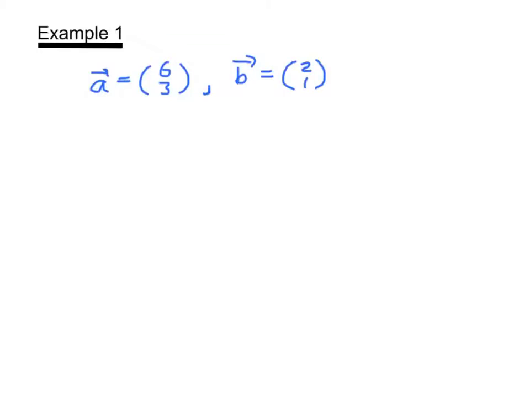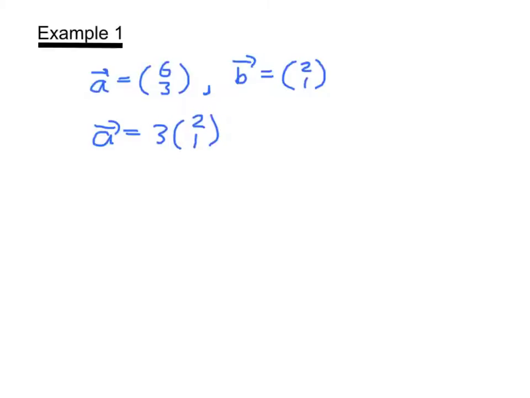Let's take a look at an example here. We have two vectors, vector A and vector B, and vector A has the components 6 and 3, and vector B has the components 2 and 1. By simple inspection here, we can see that vector A is equal to the scalar 3 times the components 2, 1.